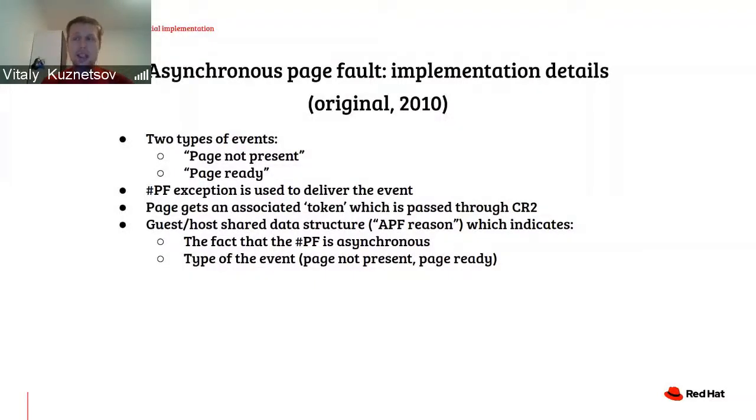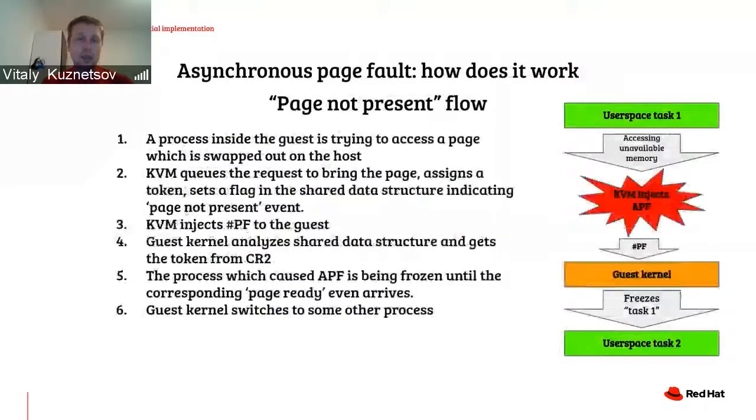With every page which was not available, there is a token associated, and this token gets passed through the CR2 register. Also, there is a shared memory structure, the so-called asynchronous page fault reason, which indicates that the page fault being injected is an asynchronous page fault and not a normal page fault. It also tells us which event has been delivered: is it a page not present event or a page ready event?